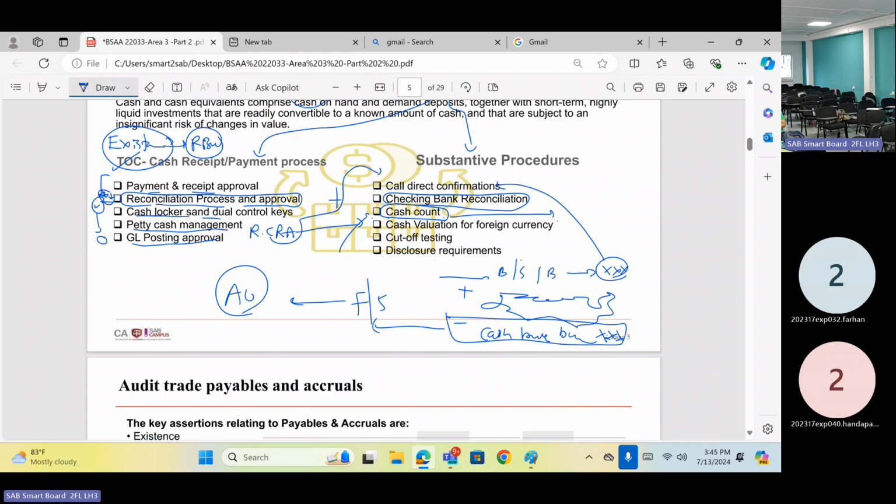Cheque in hand balance we also consider as cash in hand, right? The cheques received are still with the company, not deposited to the account. Those are considered as cash in hand. Cheque in hand balance, right?